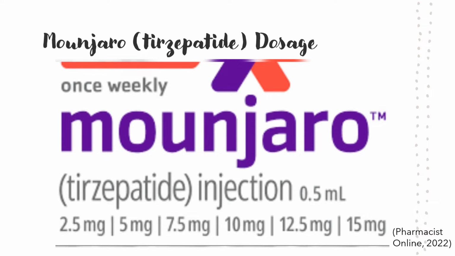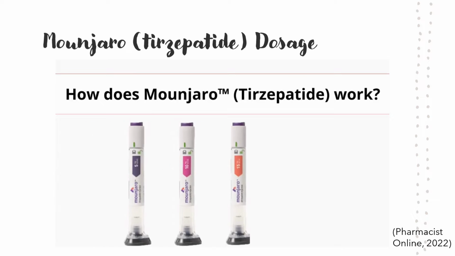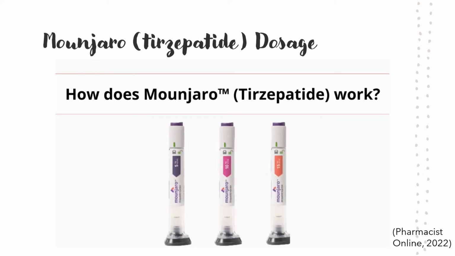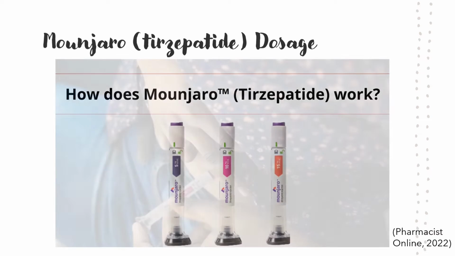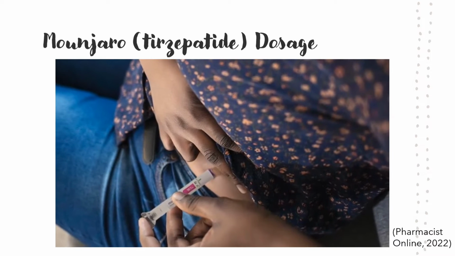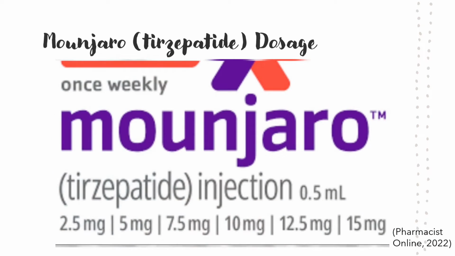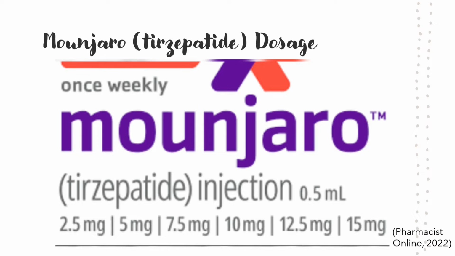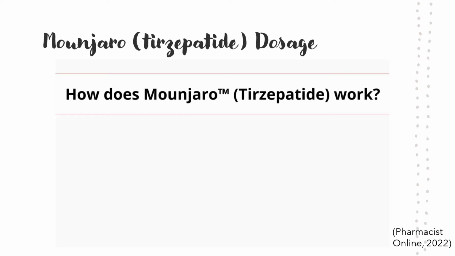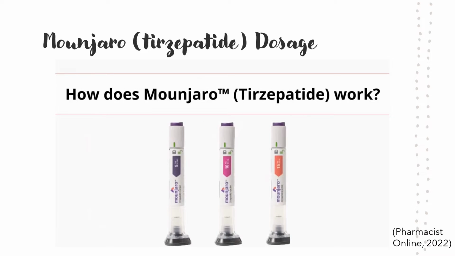If there is a need for additional glycemic control, increase the dose in 2.5 milligram increments after at least 4 weeks on the current dose. You must note that the maximum dose is 15 milligrams. Also note, the 2.5 milligram dose is not effective for glycemic control and is intended for treatment initiation.